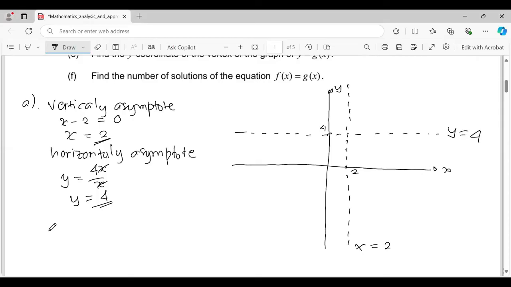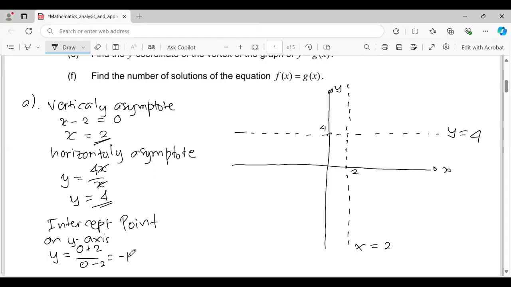The next step, we need to find the intercept point on the y-axis. On the y-axis, x should be 0. If x equals 0, it means y equals (0 plus 2) over (0 minus 2).